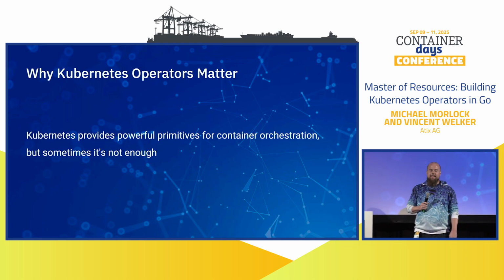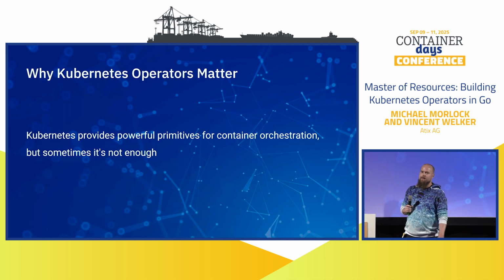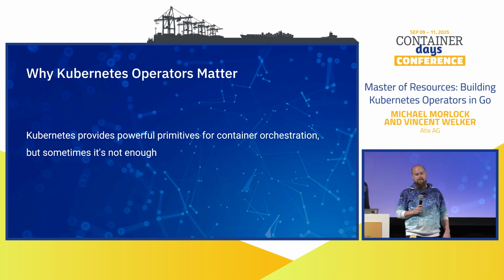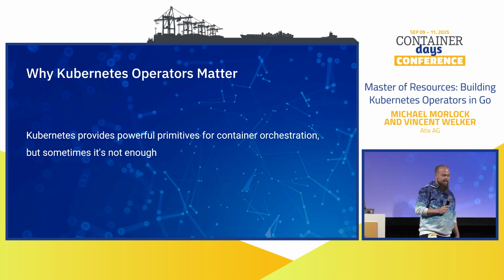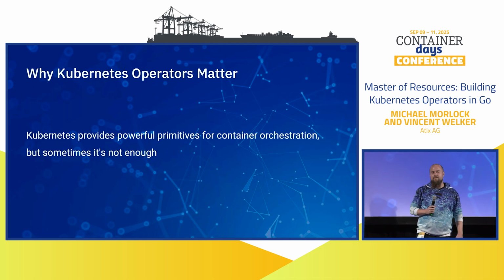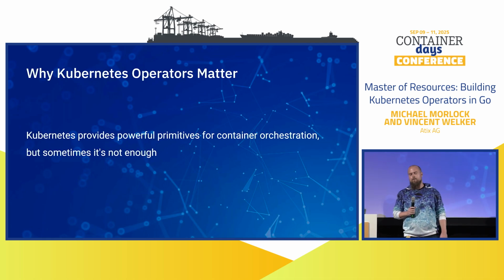So why do Kubernetes operators really matter? Even though Kubernetes is in itself a great tool and a great ecosystem for container orchestration, it can be not enough. But it is maybe not the solution to just throw an operator at everything.